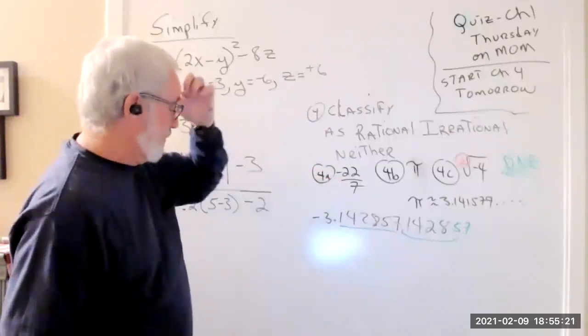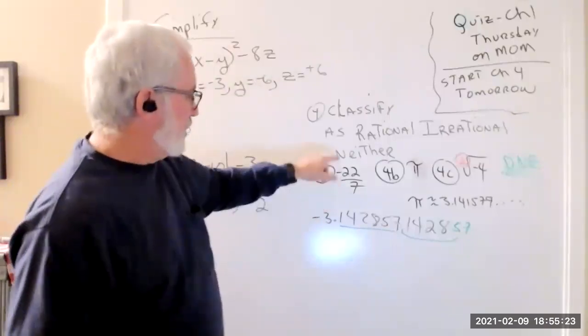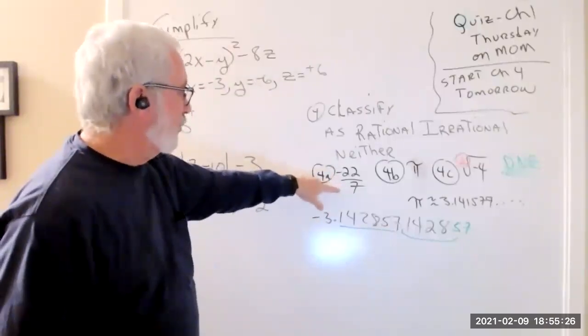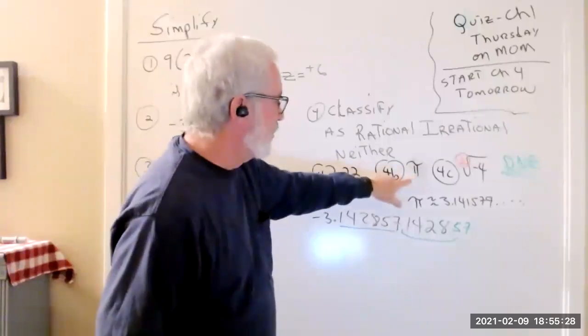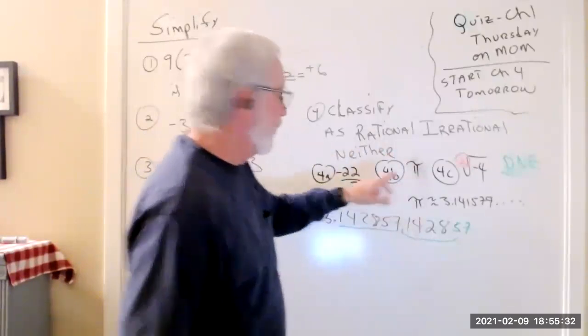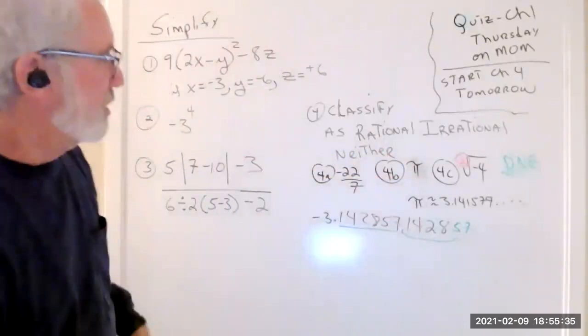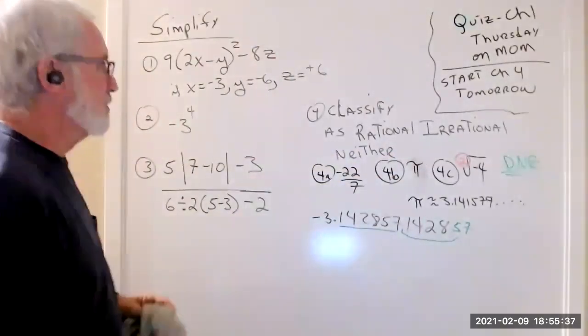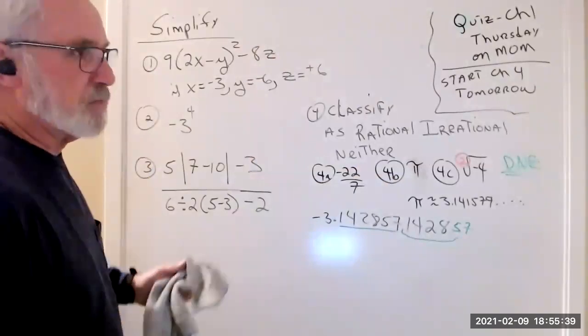Integers, okay? So anyway, I would say 4A is rational, B is irrational. C and D, whichever one I had up there, were both neither. Is that okay with everybody? Yeah. Any questions, complaints, concerns?